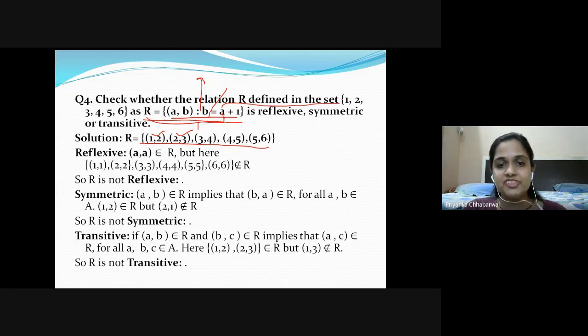One by one we check whether it is reflexive or not. Firstly we check reflexive.